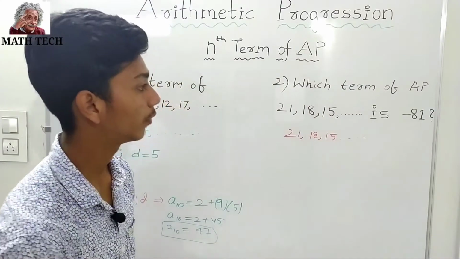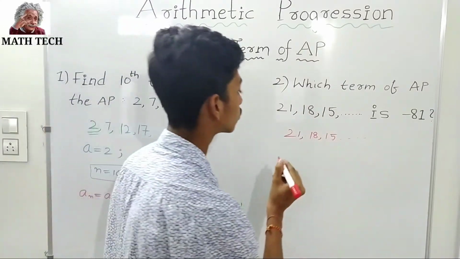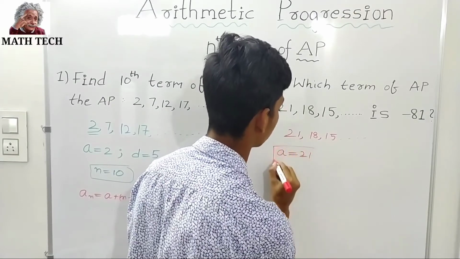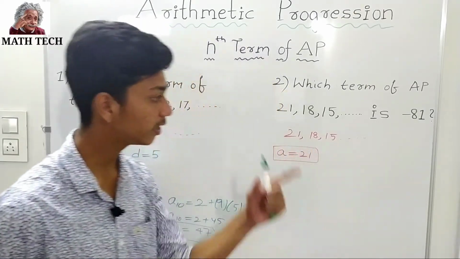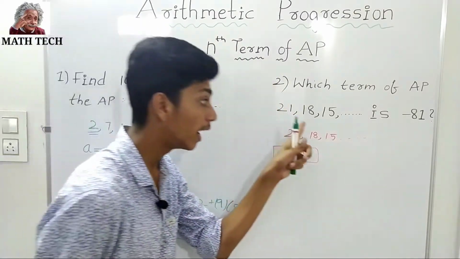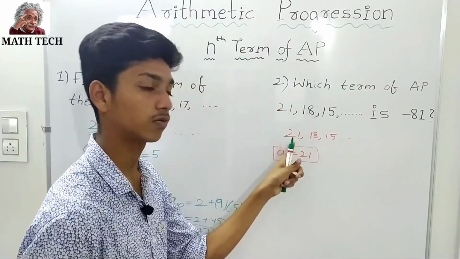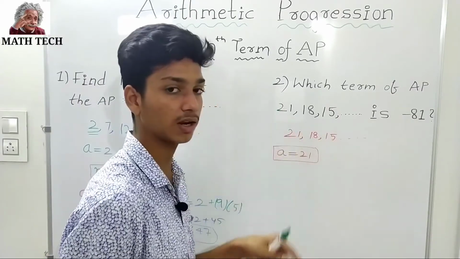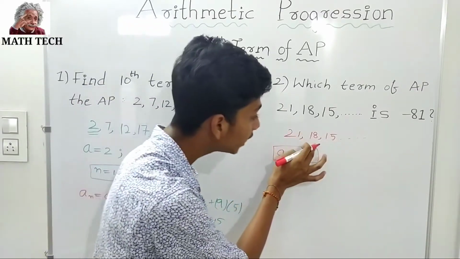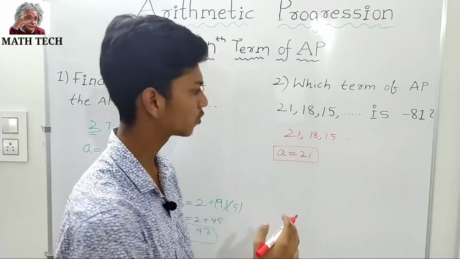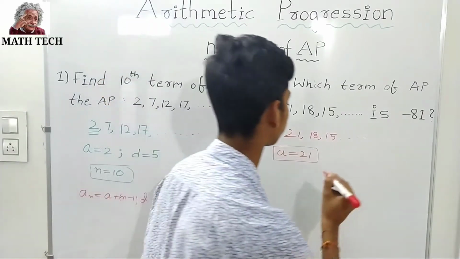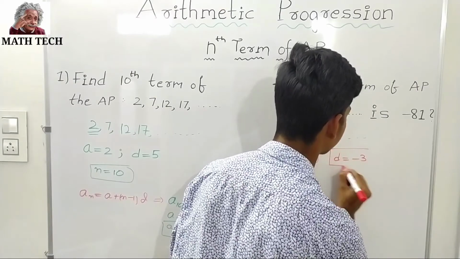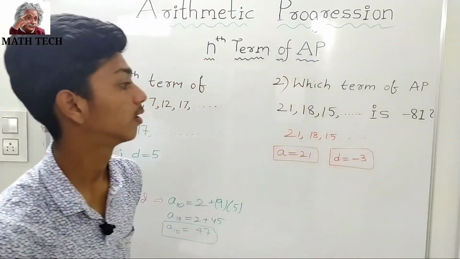So A, the first term, is 21, and D, the common difference, is 18 minus 21. Second term minus first term or third term minus second term, it depends on you. 18 minus 21 is minus 3. D is equal to minus 3.